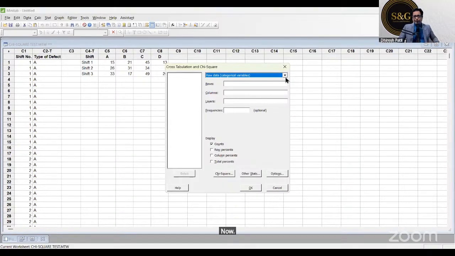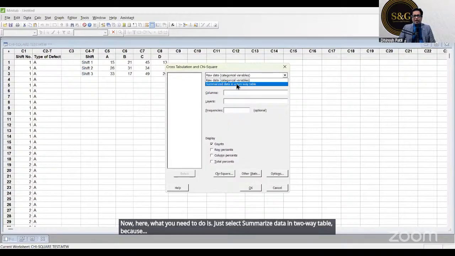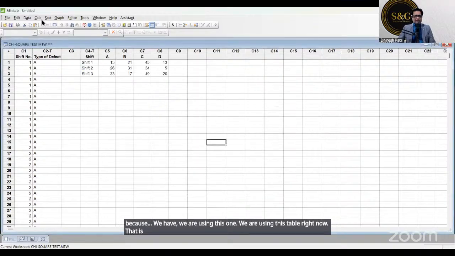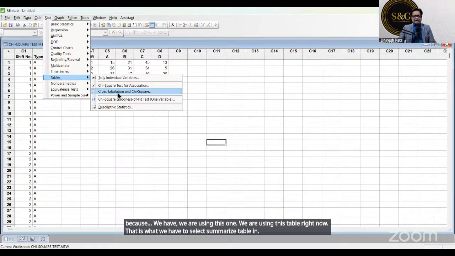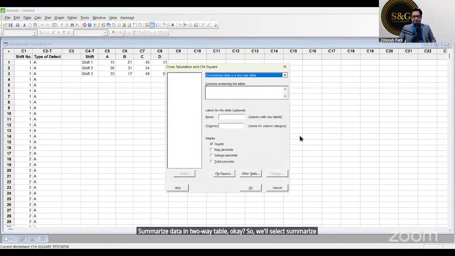Now here what you need to do is select Summarize data in two-way table, because we are using this table right now. That's what we have to select, Summarize data in two-way table.